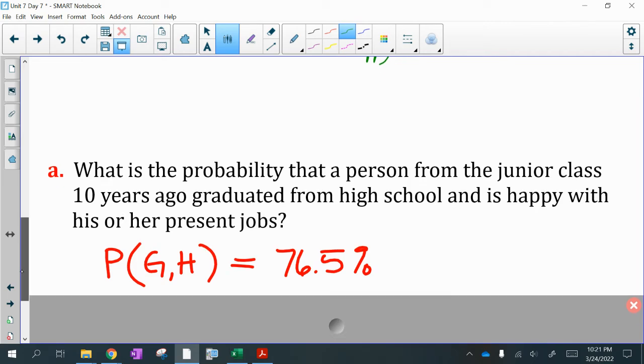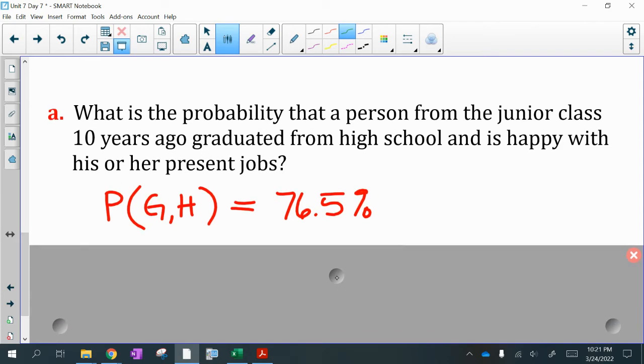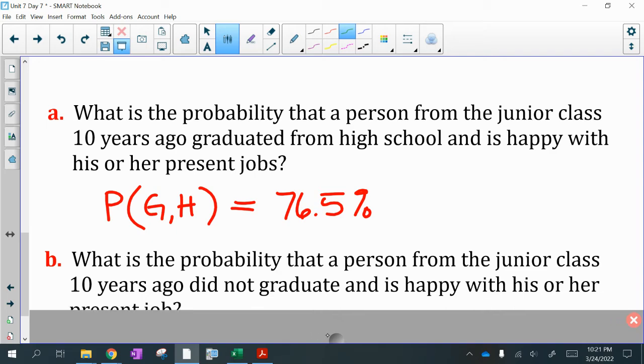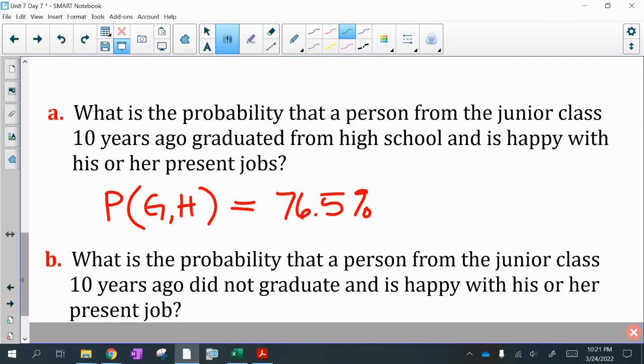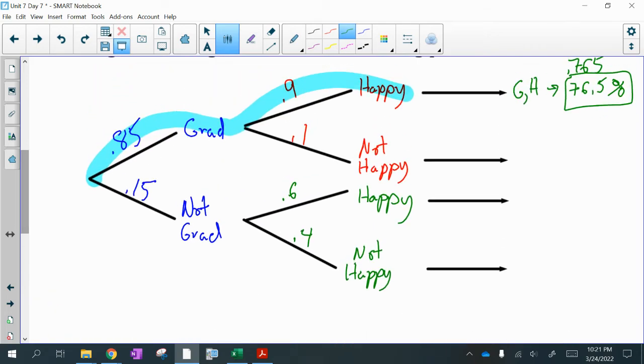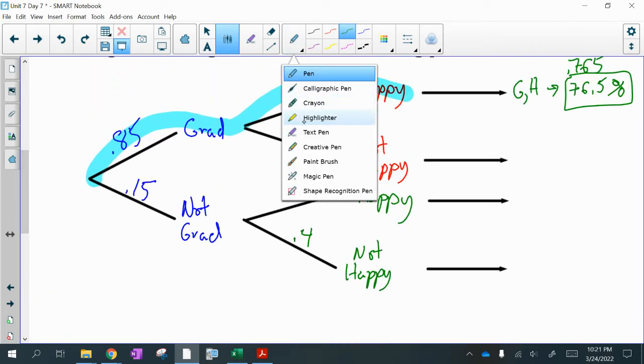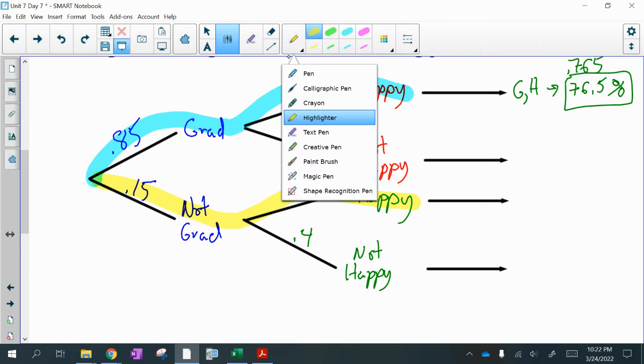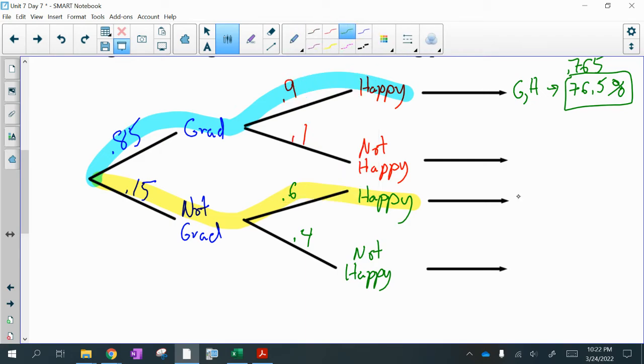So far, so good. Next up, what is the probability that a person from the junior class 10 years ago did not graduate, but is still happy in his or her present job? This time I'm going to follow the path that leads me down that one. These are my not graduated, but still happy. So I'm going to say not graduated, but happy.